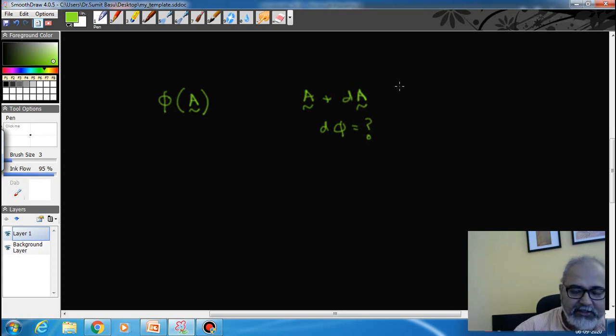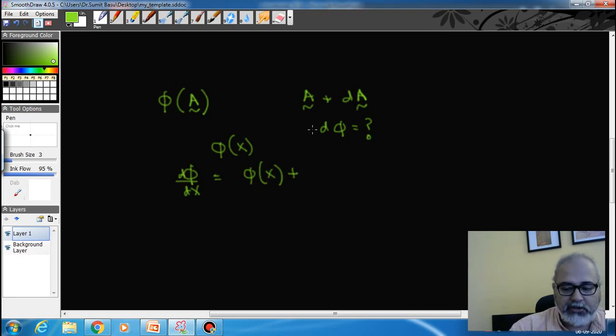So this is what we are asking. We had done this in your basic calculus courses. We said that for phi, where phi is a function of x only, or let me do it in a different way.